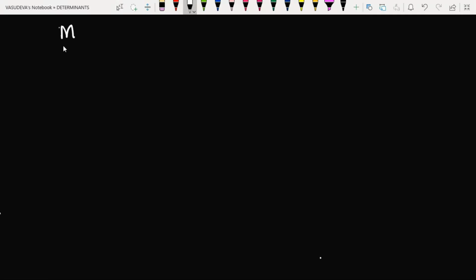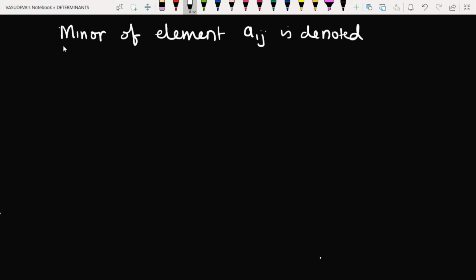Now the minor of the element Aij is denoted by capital letter Mij. So i denotes row, j denotes column.